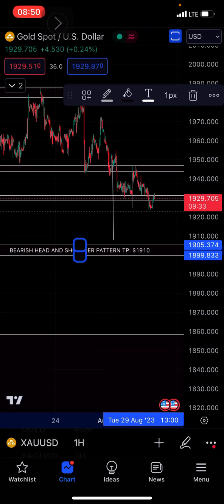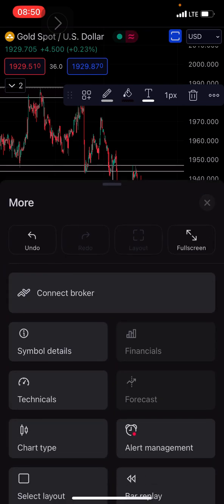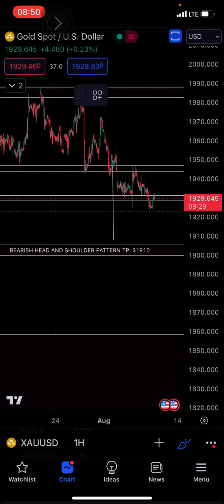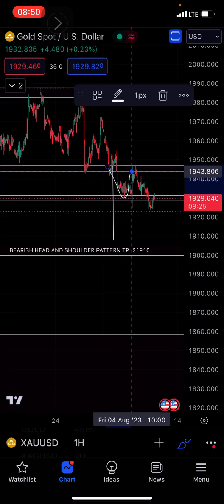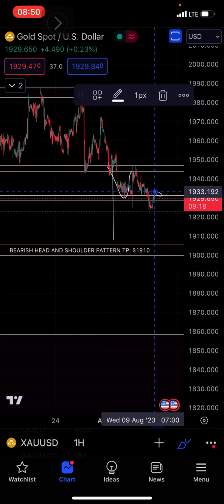If you are not taking this break of the head and shoulders pattern retest, you should be waiting for breaks and retests like this happening right now. Are you getting it? Overall, it does not mean that your stop loss should be tight.